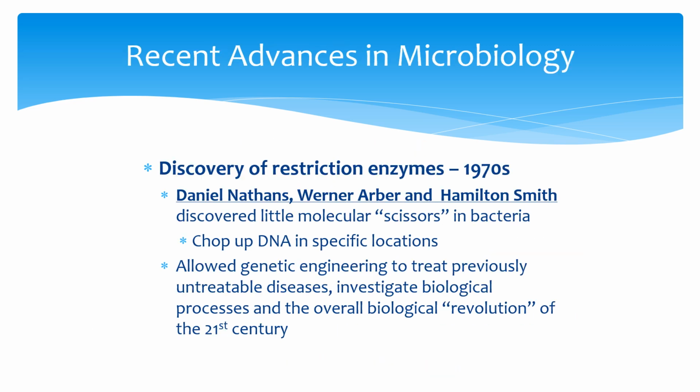As recently as 1970, we ended up finding the discovery of restriction enzymes through these three individuals, Daniel Nathans, Werner Arber, and Hamilton Smith. If you remember from the first part of Chapter 1, we talked about this with genetic engineering: restriction enzymes are like molecular little scissors found in bacteria as part of their immune system, and they can be used to chop up DNA in specific locations.